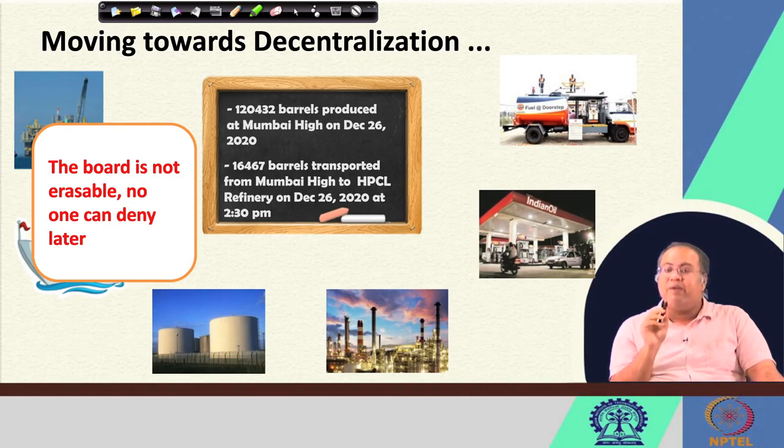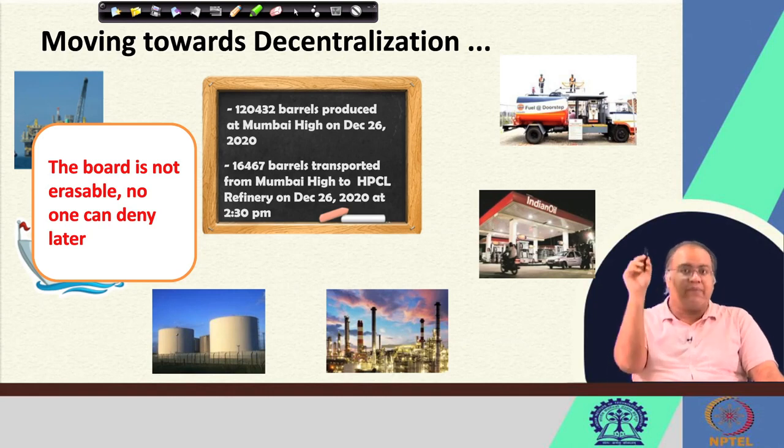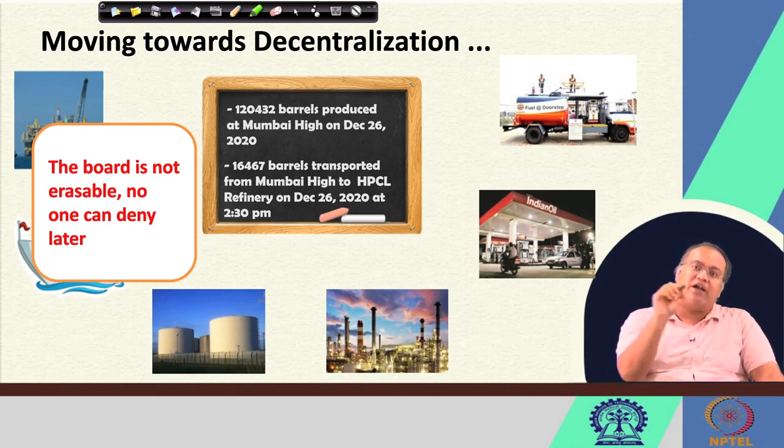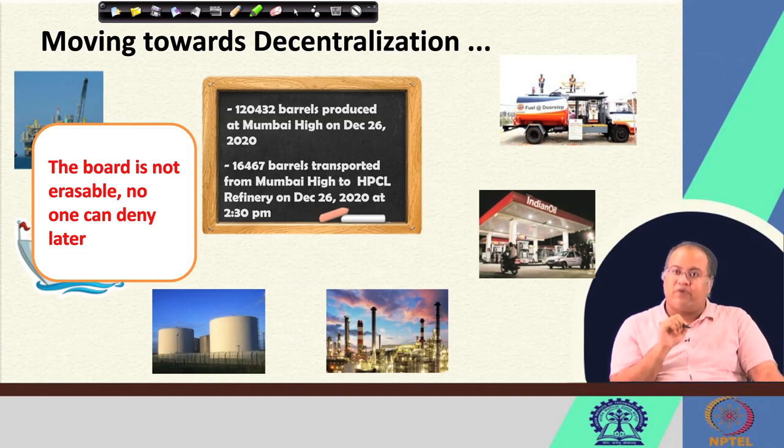Well, if you remember, in the last class I mentioned that this is one of the major problems of any decentralized architecture. One of the possible solutions was to have a kind of web portal where every organization submits their information.